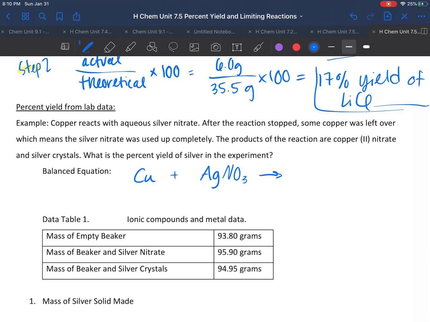And our products are copper 2 nitrate, which means if we have a 2+, we have to have 2 negatively charged NO3 since it is -1. And that leaves us with silver. So this is not balanced because we have 2 NO3s. So what we're going to do is throw a 2 in front of AgNO3, which means we need a 2 in front of Ag. Now we are all balanced up.